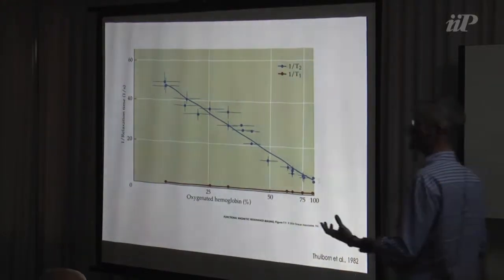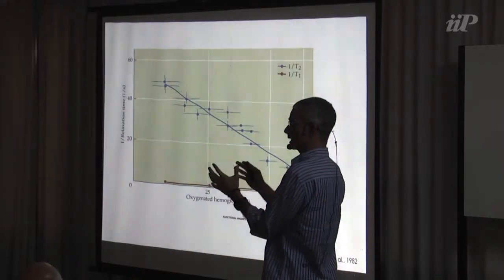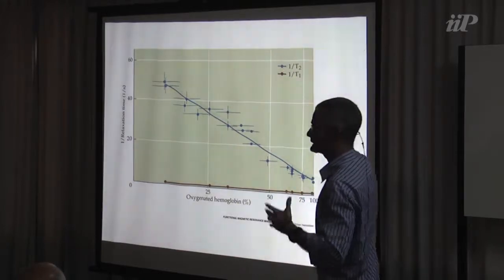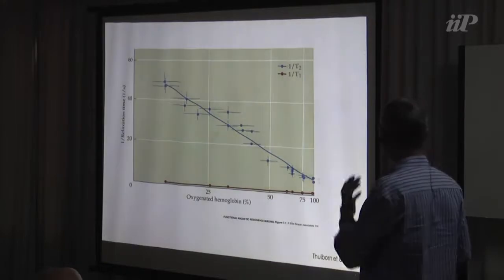Many of the MRI images that we have right now have their contrast based on this physical property, T2 relaxation time.